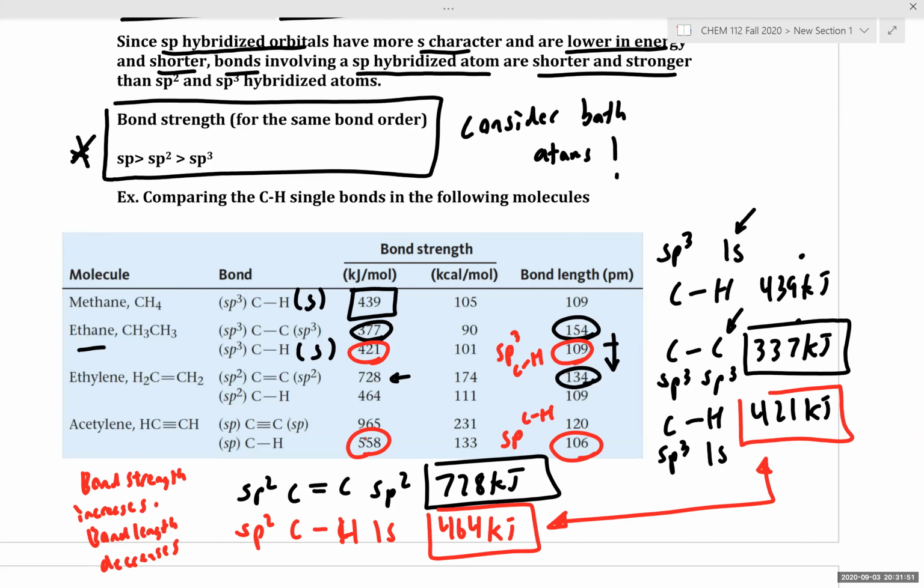The more s character we have, in general, sp hybridized atoms will have lower energy bonding orbitals, which in turn leads to lower energy bonds. And because the orbital is shorter and stubbier, we end up with a shorter bond. Does this make sense?